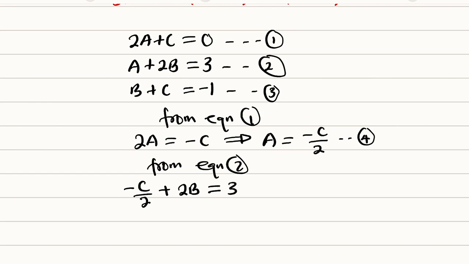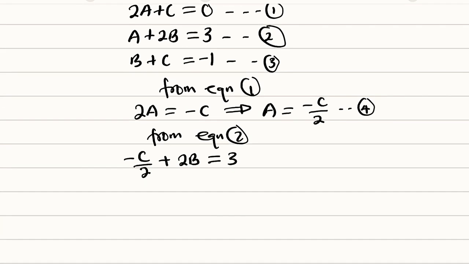We can multiply each time by 2 to clear the fraction. -c divided by 2 multiplied by 2 will be -c, plus 2b multiplied by 2 is 4b. To the right, 3 multiplied by 2 is equal to 6. Now this is another equation we form by substitution. Now we can bring equation 3, join it to equation 5, solve them simultaneously.